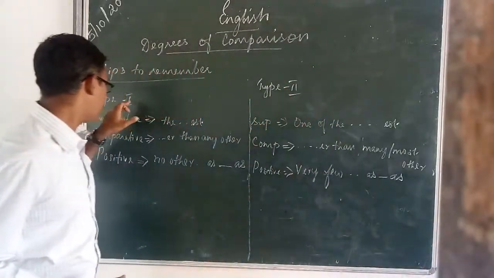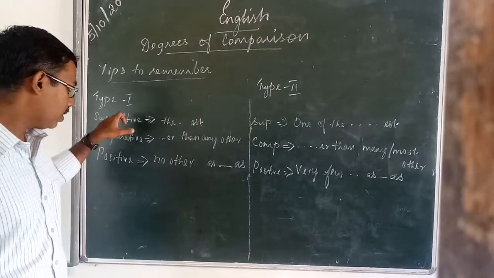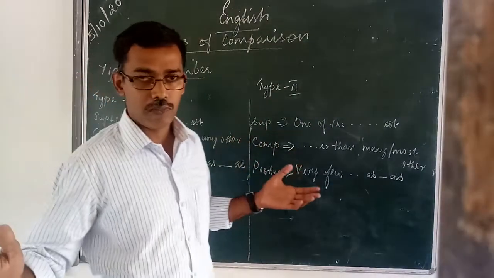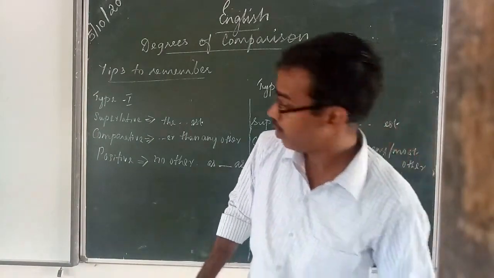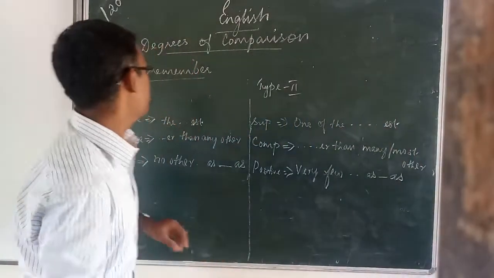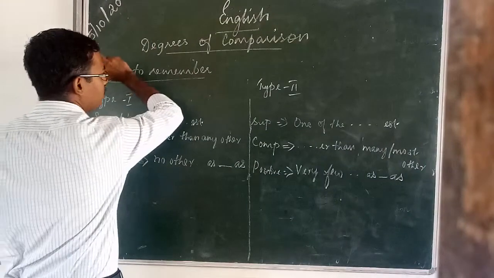Let me recall one by one. Type 1 means you are selecting the topmost or the least. For example, I will write an example just to remind you.